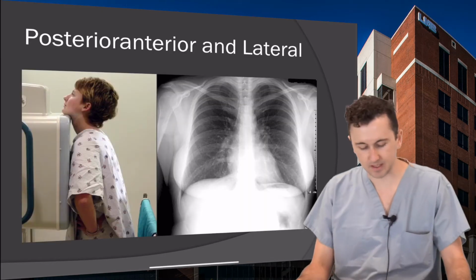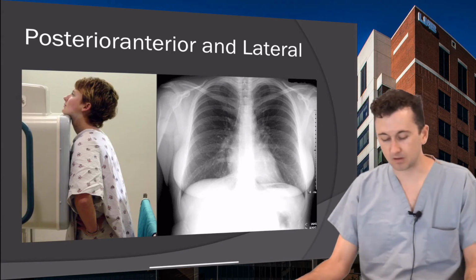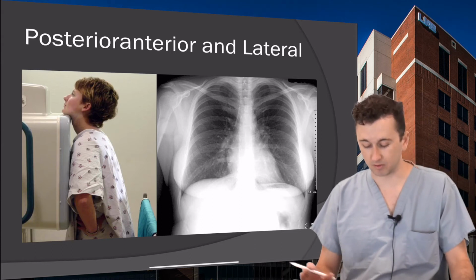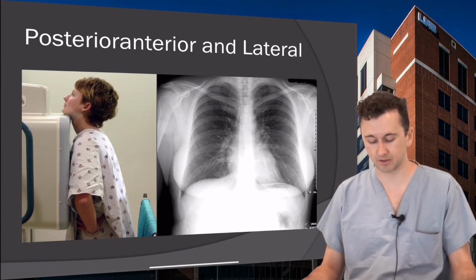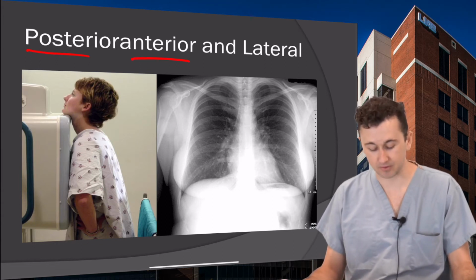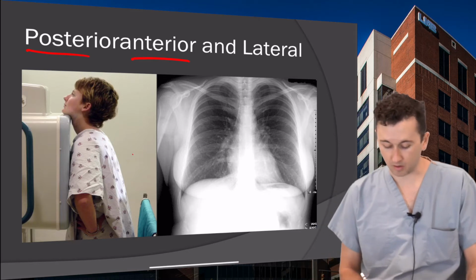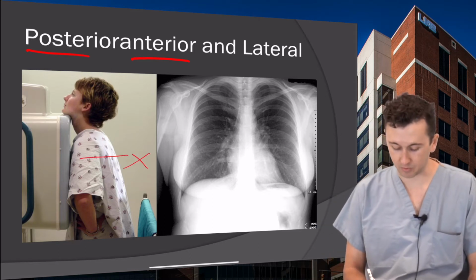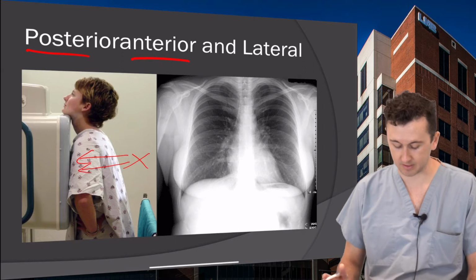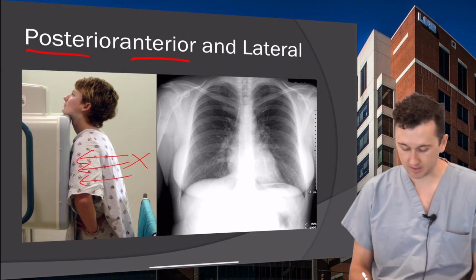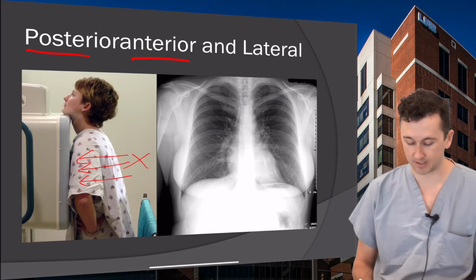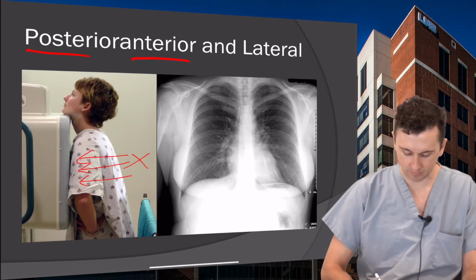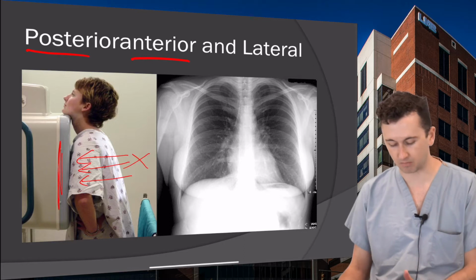So this is an example of a PA and lateral, or at least on this slide we have the PA. PA stands for posterior to anterior, which describes how the x-rays are being shot. The actual x-ray machine is behind the patient here, and the rays are shot from her posterior side into the anterior side, and then the film that is capturing the rays is in front of the patient.